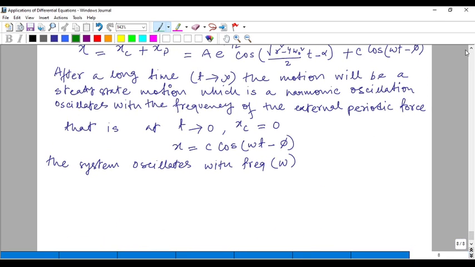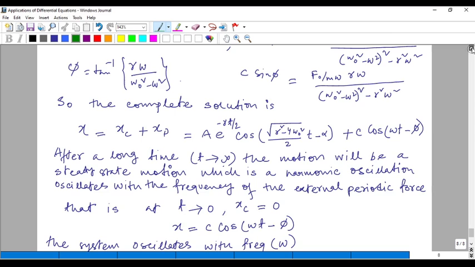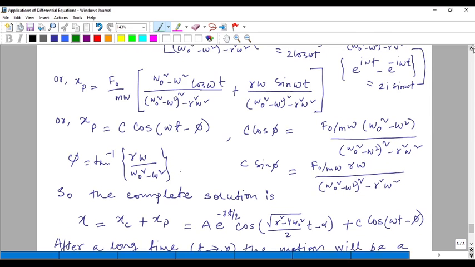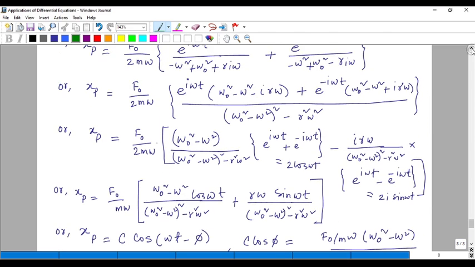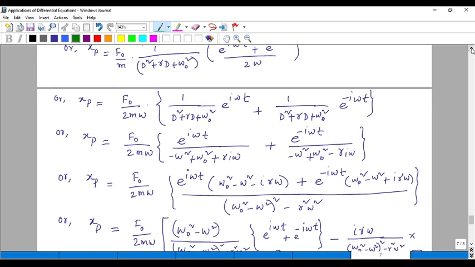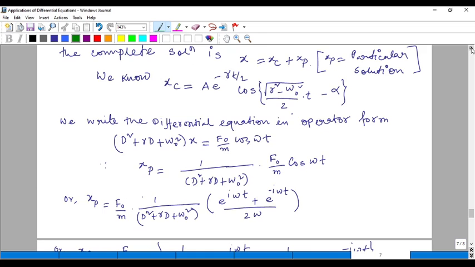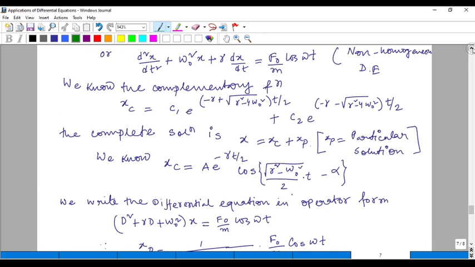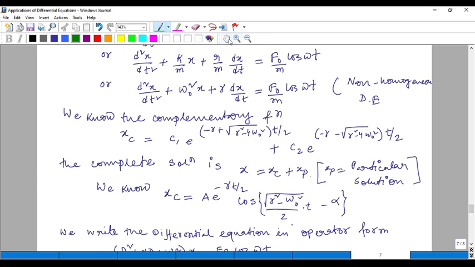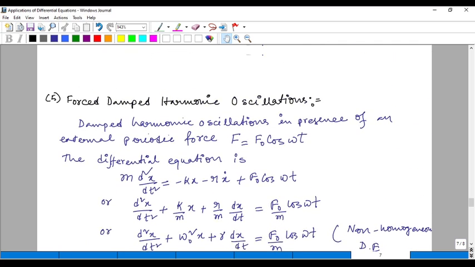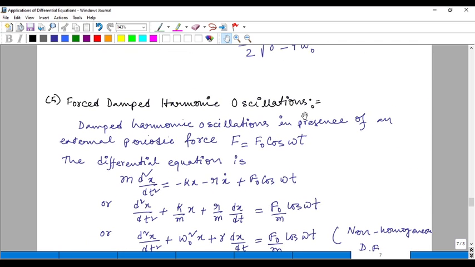Okay, and now we are going to the next problem, the third situation of the simple harmonic oscillator, when it is subjected to an external force, and the force is a periodic force, and we will consider the damped harmonic oscillator. So the next problem is the forced damped harmonic oscillator.